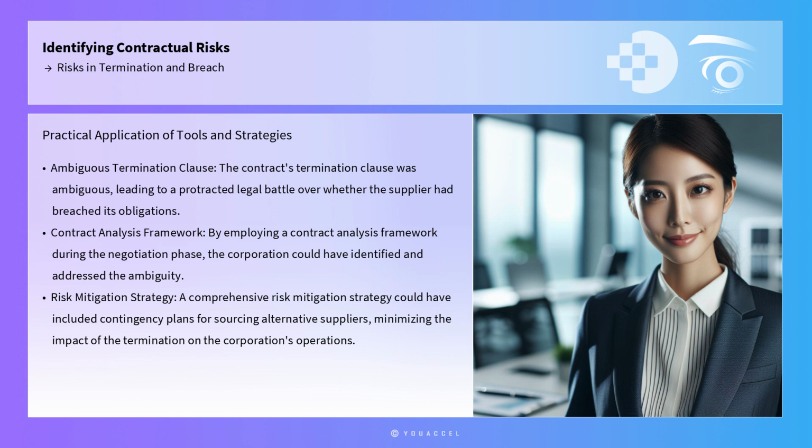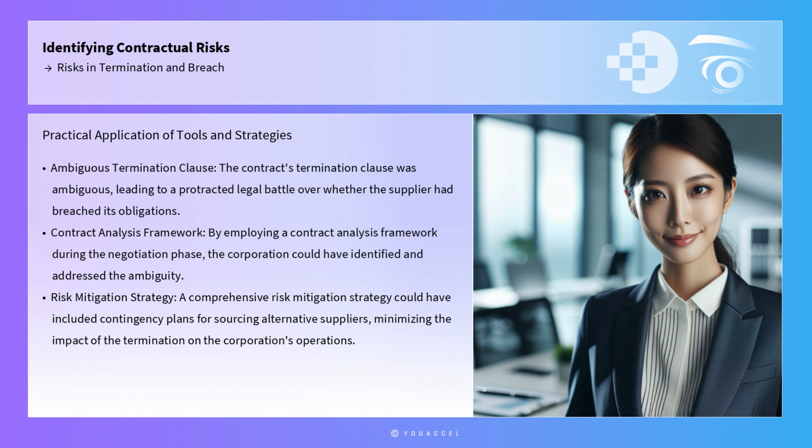To illustrate the practical application of these tools and strategies, consider the case of a multinational corporation that faced significant financial losses due to the termination of a key supplier contract. The contract's termination clause was ambiguous, leading to a protracted legal battle over whether the supplier had breached its obligations.